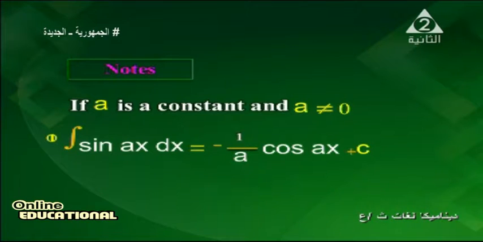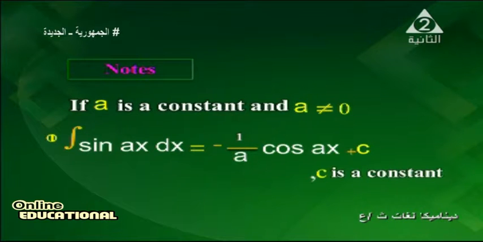When we integrate sine ax, first we divide it by the derivative of the function ax, which is a. Then the integration of sine ax dx equals negative 1 over a cosine ax plus the constant c.